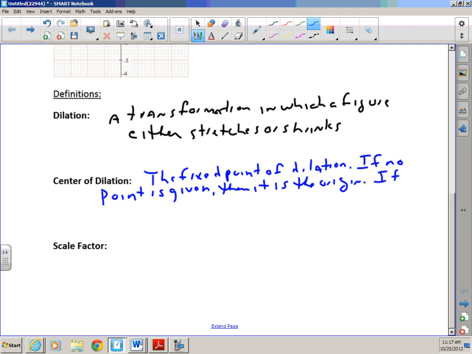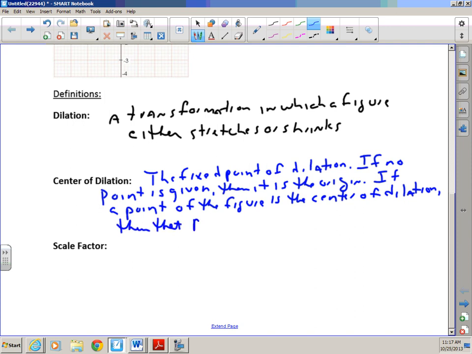If a point on the figure is given as the center of dilation, then similar to a rotation, that point will not move or change.